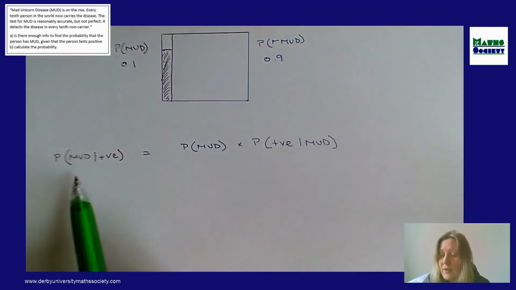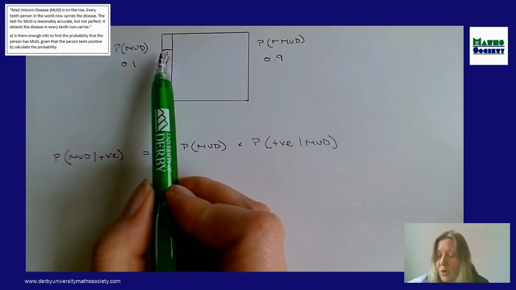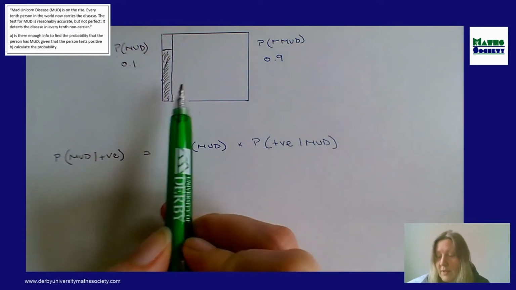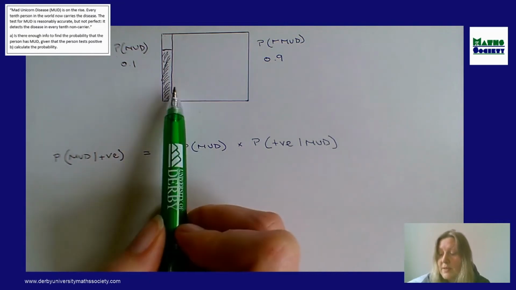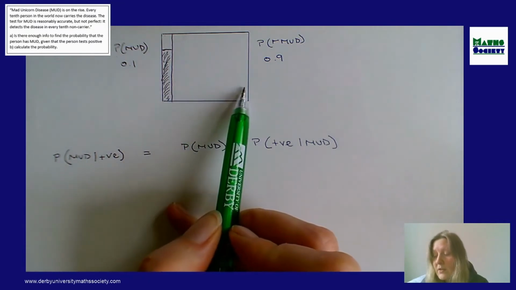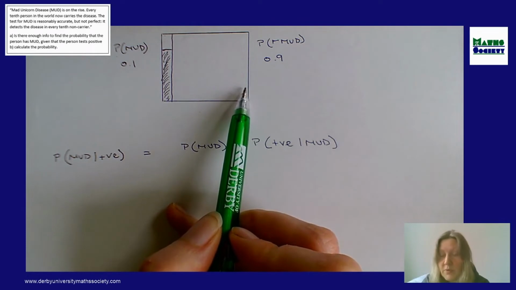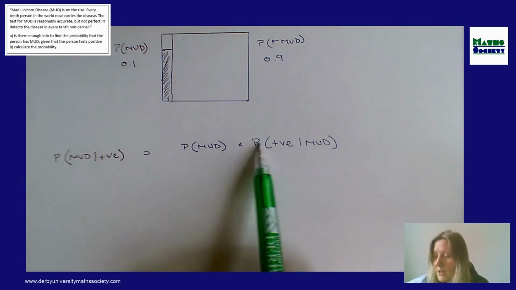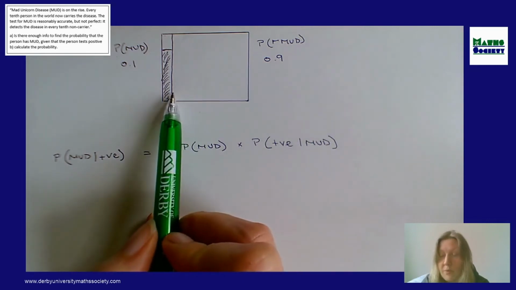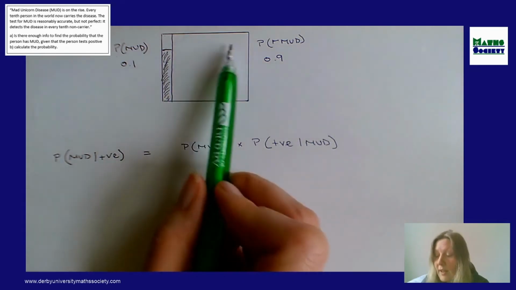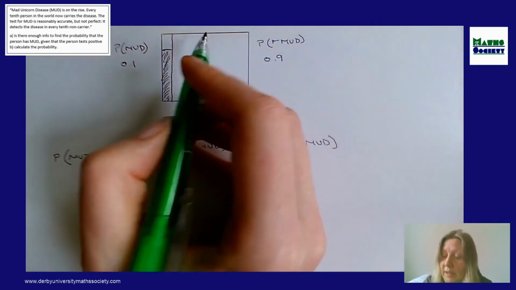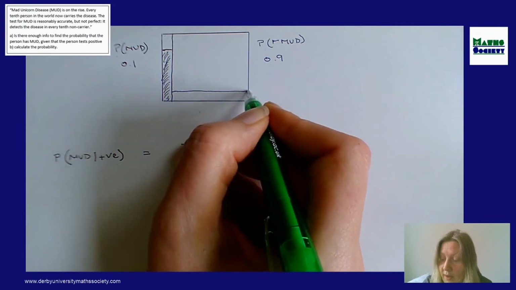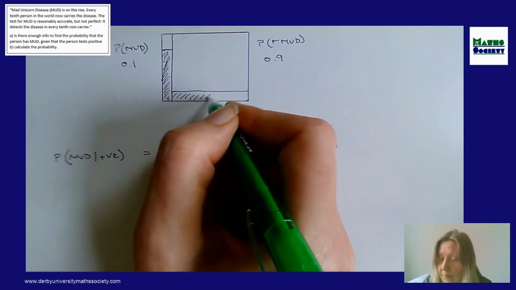So the chances of you having MaD are a percentage of those that test positive that do have the disease, plus a percentage of the people that don't have the disease and also test positive. The question doesn't give us this bit of information, so we don't know that. But what we do know from the question is that 1 in 10 non-carriers, people who don't have it, test positive as well. So I'm going to put that in a line at the bottom here.